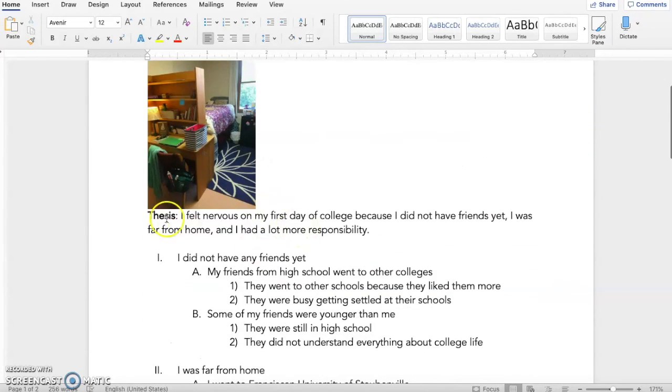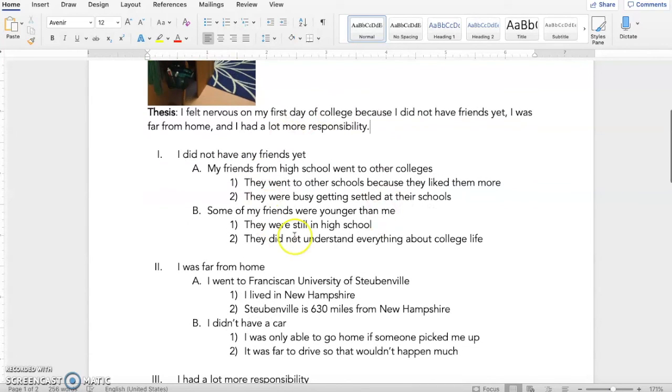So our thesis is going to be used as the last sentence in your introduction paragraph. You're going to begin your introduction paragraph with some broad topics about maybe big changes in life and how those can make people feel. And then I would narrow down and say, on my first day of college, this is how I felt. Then I would go into the details.